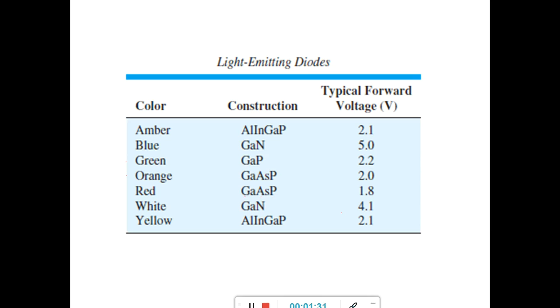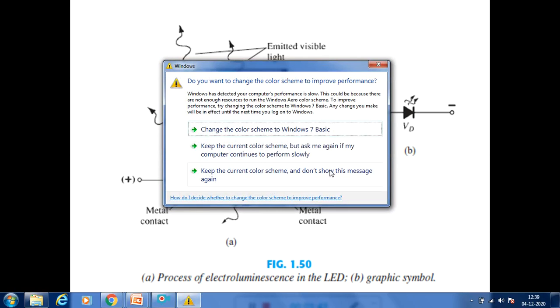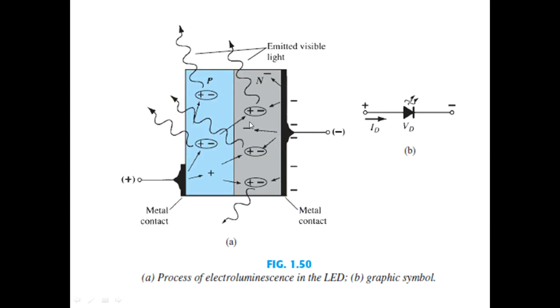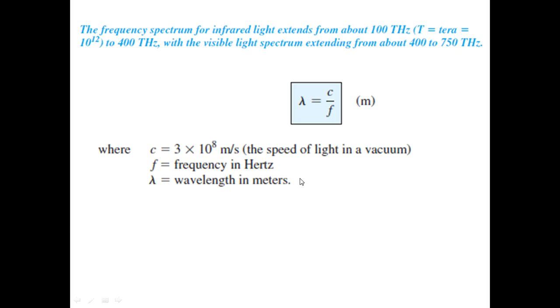Just by fine tuning the band gap we can obtain different wavelengths, in the sense different colored light emitting diodes. So that's the generation and the recombination process.